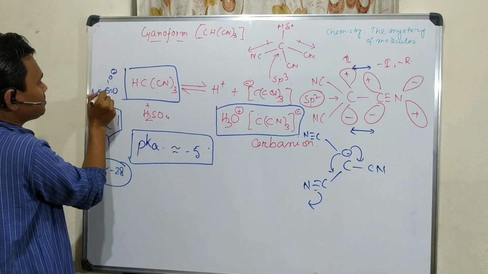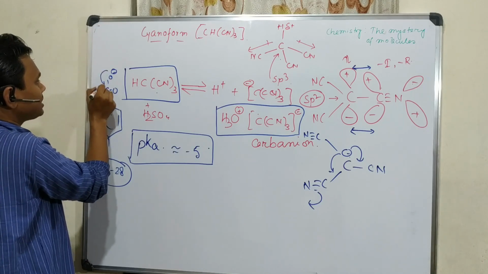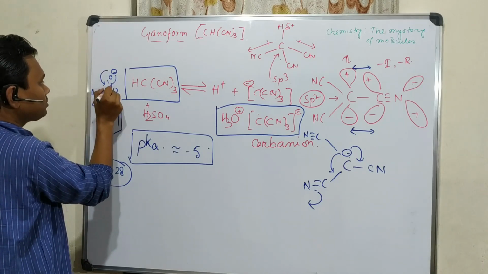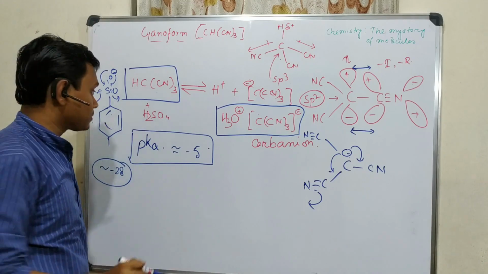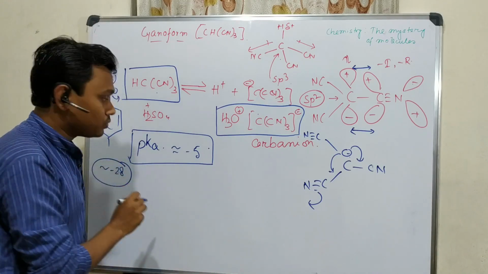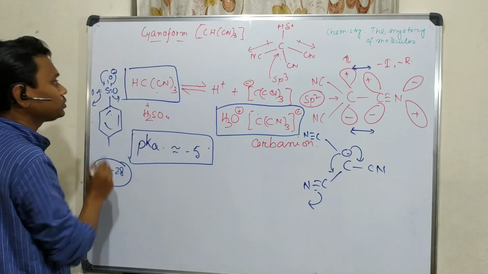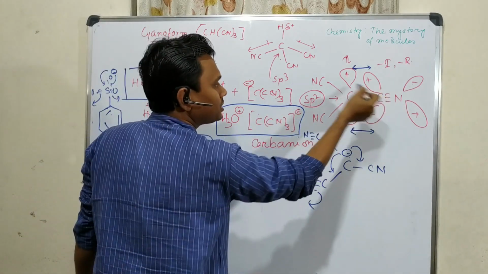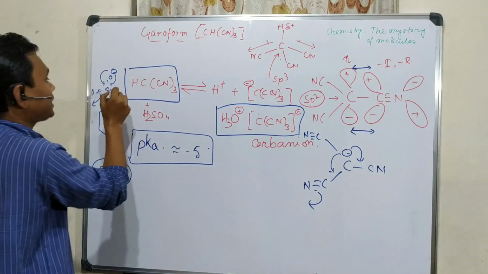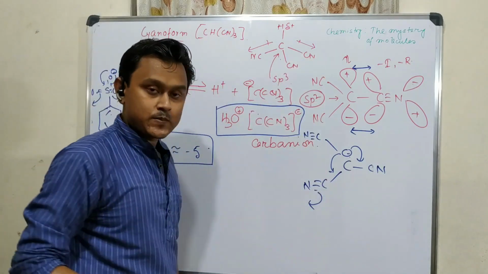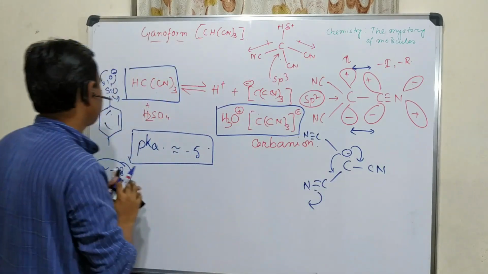And PTSA is resonance stabilized by delocalizing the charge here. In this way, three equivalent canonical structures are possible. Here also three equivalent, meaning one donation here, one donation here, one donation here. Actually here four resonance structures are possible.